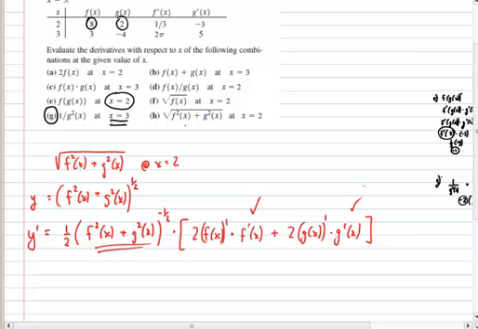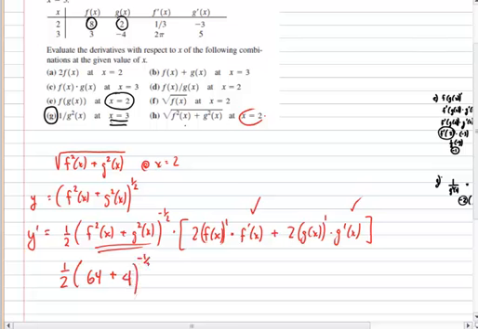So let's plug in the values for x equals 2. F squared at 2 is going to be 64. G squared at 2, or g of 2 squared, will be 4.